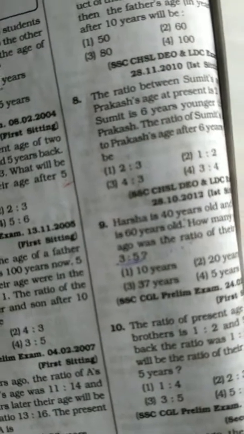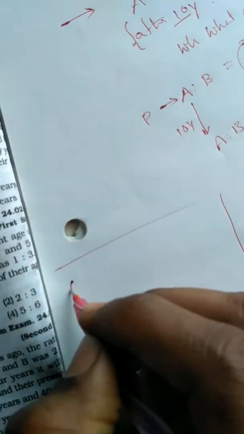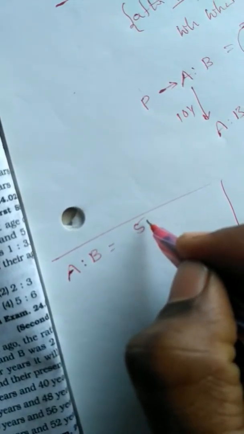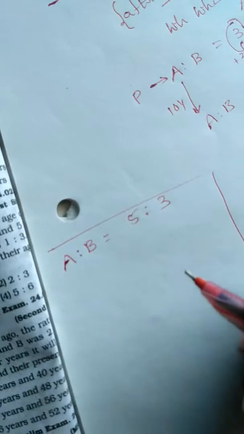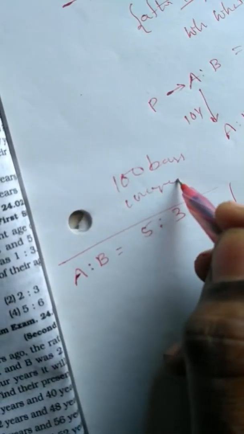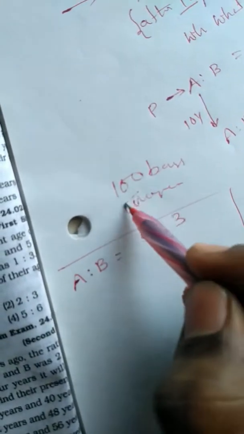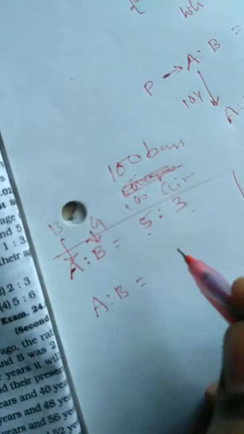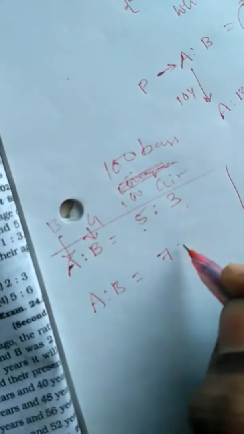And mostly you are seeing one type of problem, class A and B. In a class, the boys and girls are in the ratio 5 is to 3. 100 boys and 100 girls are added, so that the ratio becomes 7 is to 5.